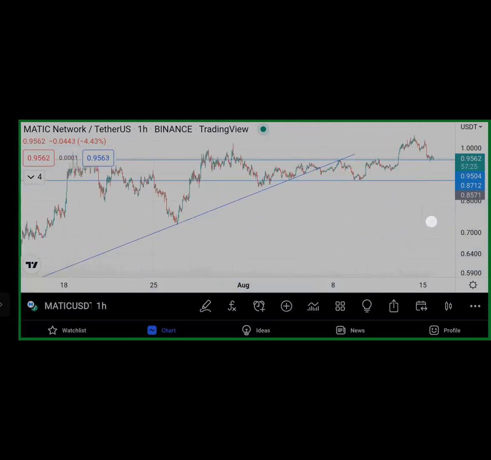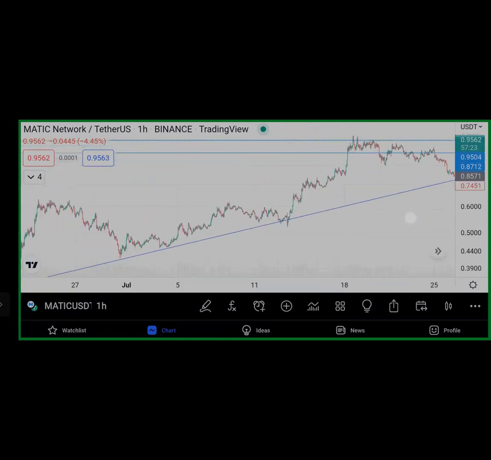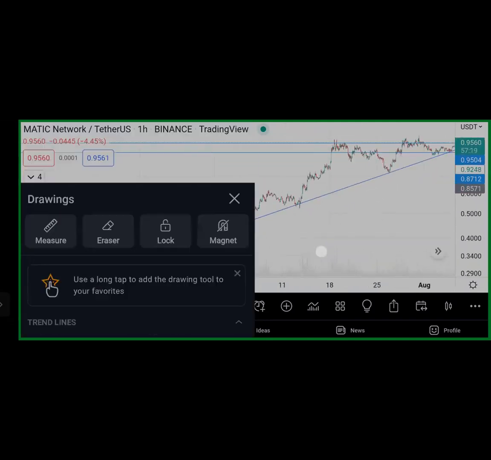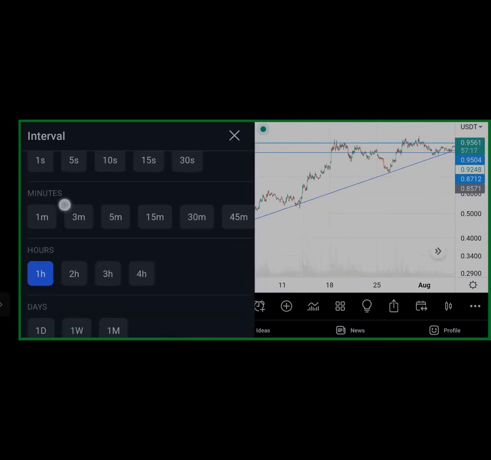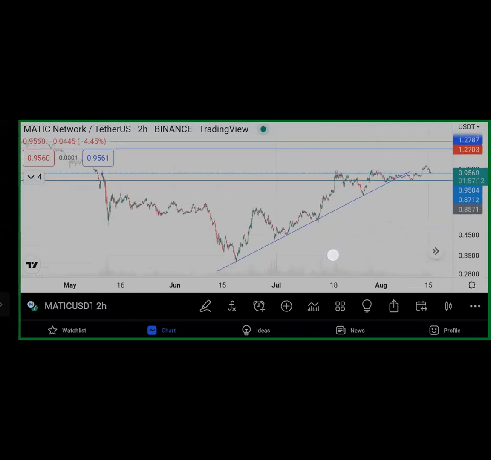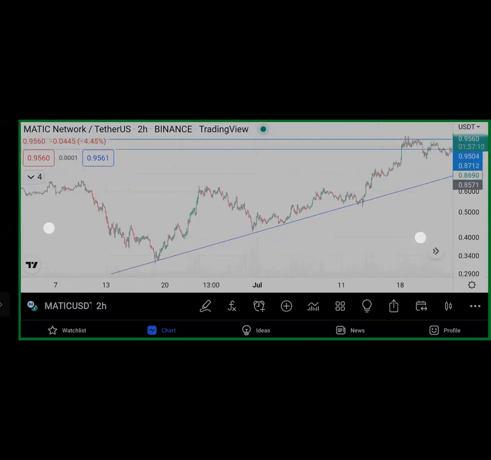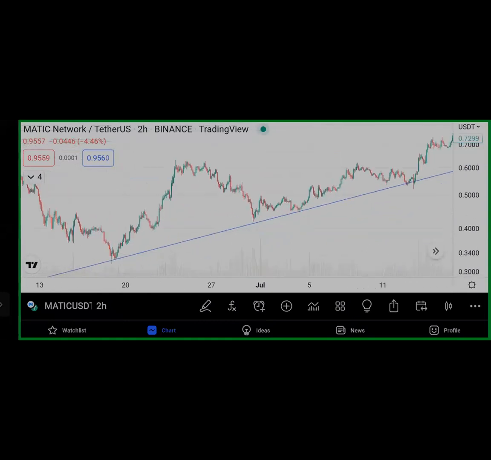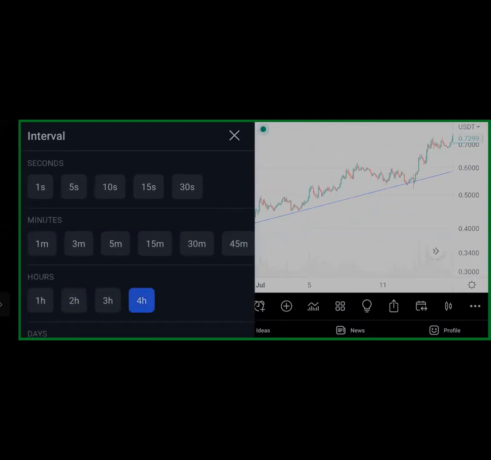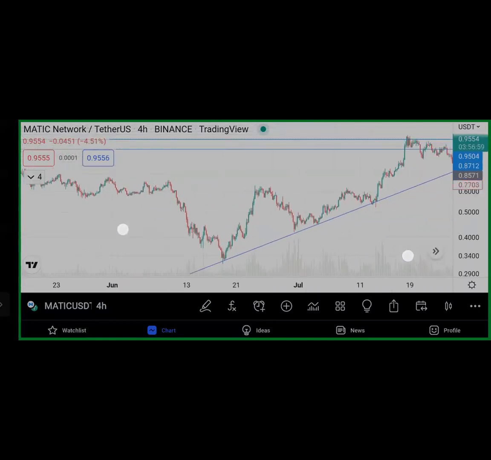This is an example of what? A pullback. Let me move to a higher time frame so that it can be clearer. So let me move to 2 hours time frame. All right. Let me move to 4 hours so you can see it still more boldly. All right, this is bold.